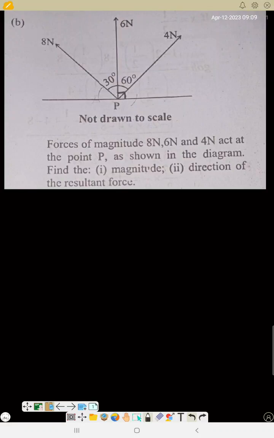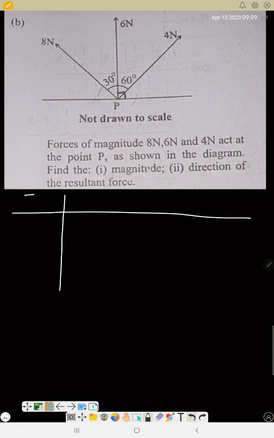So let's find the resultants of these vectors. So we have, I can do it direct, or I can set up a table so you can actually understand better.